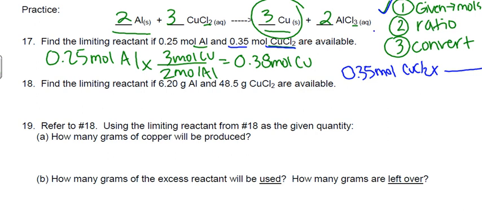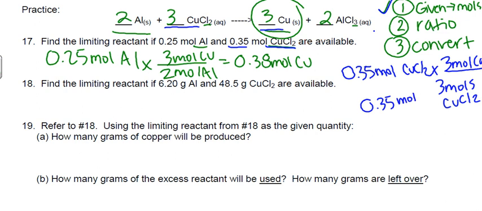So I find that there are 3 moles of copper chloride for every 3 moles of copper. So when I solve, I end up with 0.35 moles of copper. Well, now I need to compare.